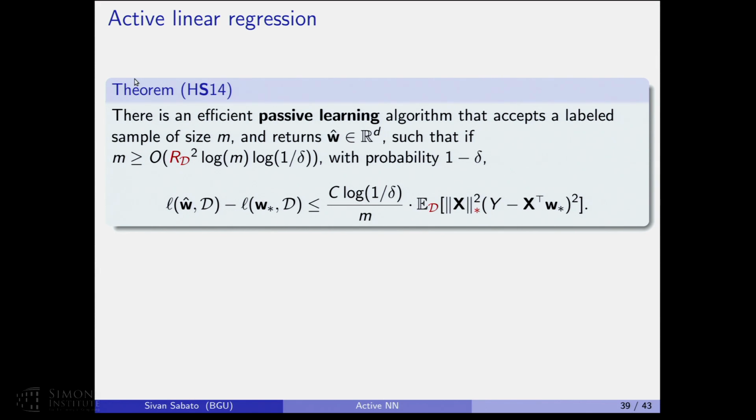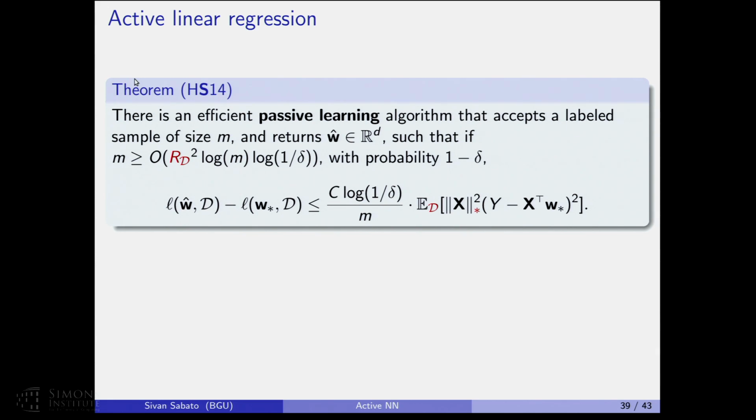This is a passive learning algorithm for regression that gets bounds that are tighter than standard least squares regression bounds because it basically handles heterogeneous noise. So if you have more noise in one direction than in the other, it will factor into your bounds so that you can get tighter bounds in heterogeneous noise cases. So this is a passive learning algorithm.